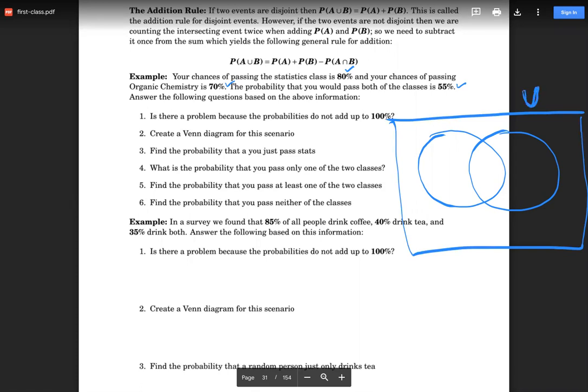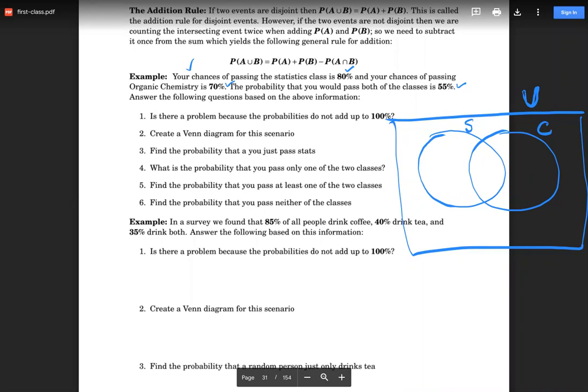Universal set U. What it means is that everything that relates to taking two classes is contained within this rectangle. And inside you have the events. So I'll call it event S and event C. S is for statistics, C is for chemistry.